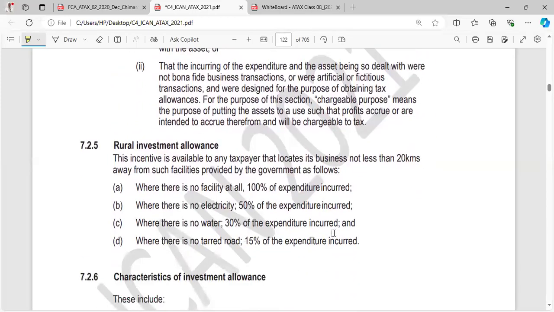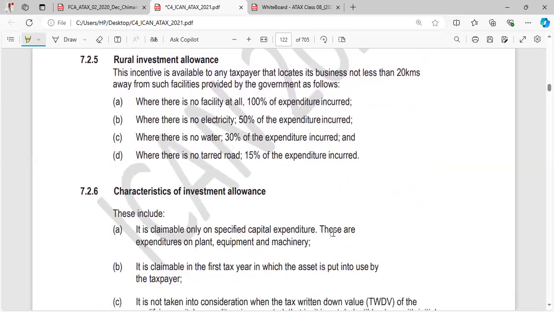All right, so let's go now to something called rural investment allowance. Now, we said investment allowance is when you invest into a capital asset, but a special capital asset called plant and machinery.